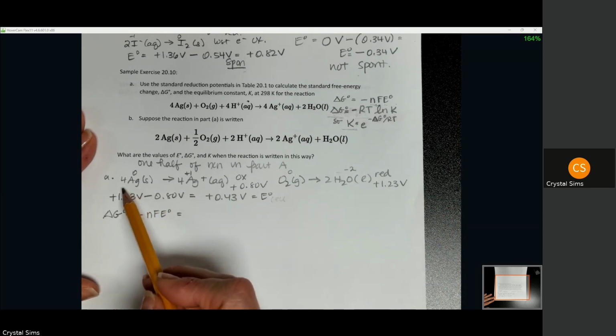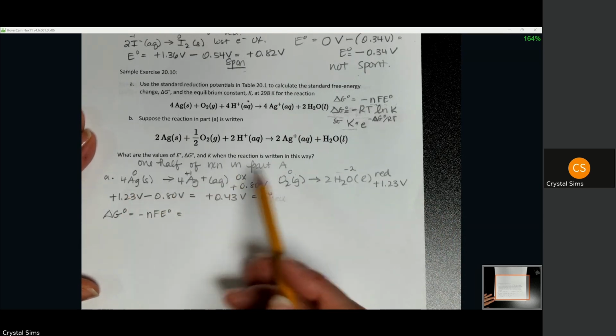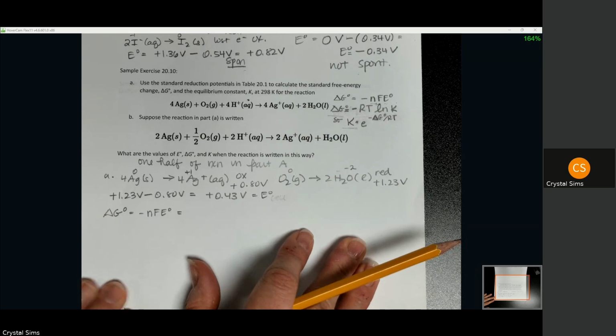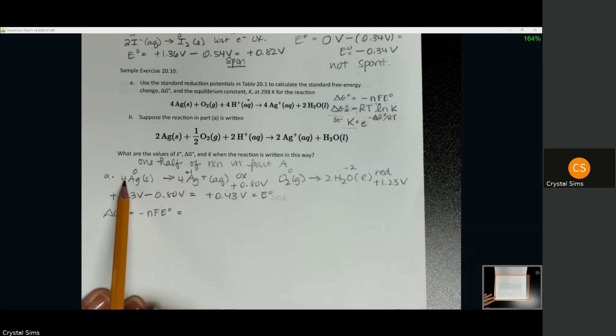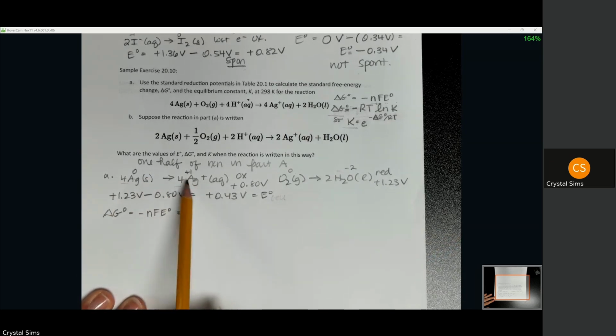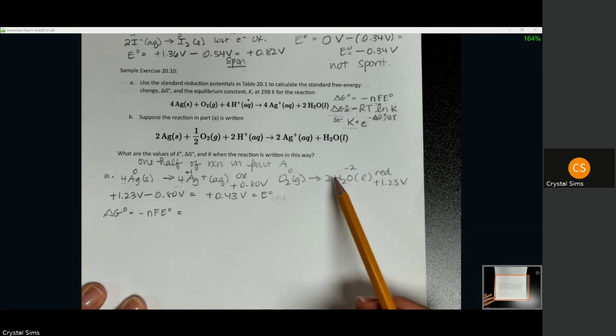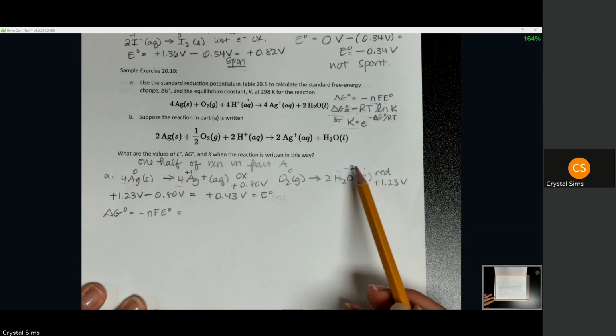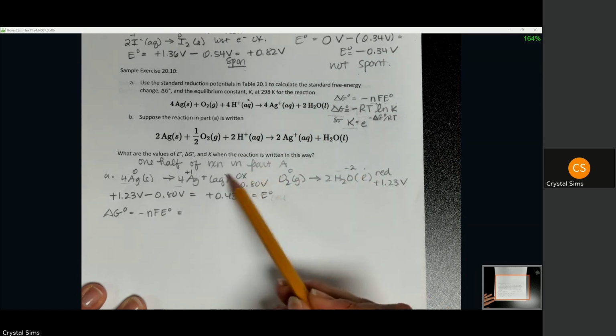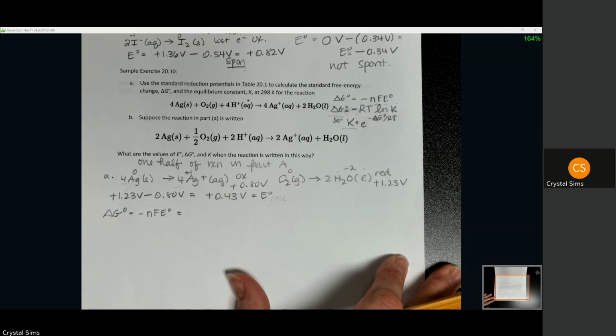Well, I have to go back up here and look to see how many were transferred. Well, I have 4 silver here, 4 silver here, which means I've got a +4 value. I have a -2 here, 2 there, so -4. And remember, these have to balance. So I've got -4, +4. Well, that has to mean that 4 total electrons were transferred.